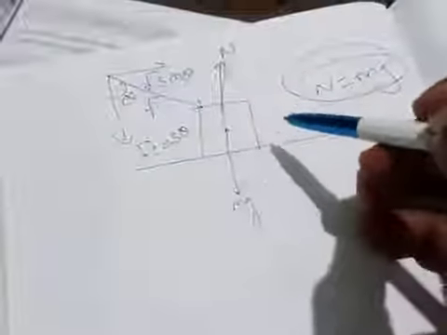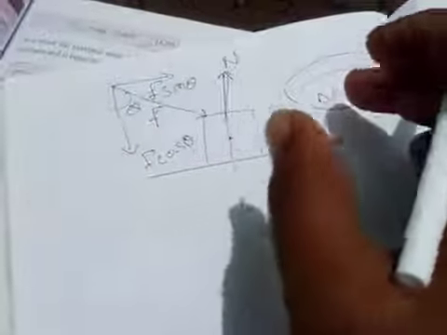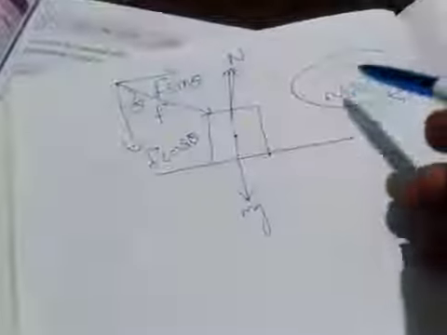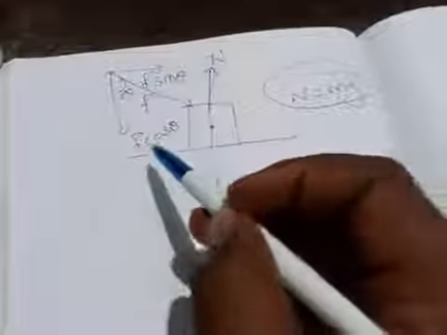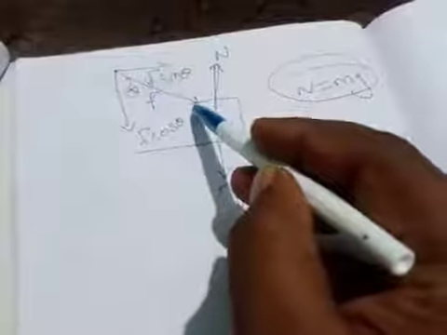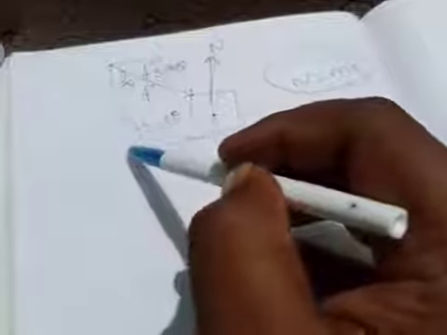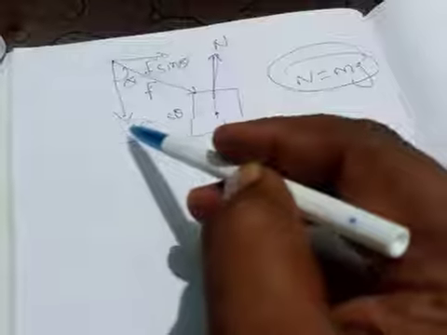Now by using this you can draw a free body diagram. Before drawing it, you go through this. When we apply this force at an angle theta on this object, it is splitting. So downward, an F cos theta force is acting.